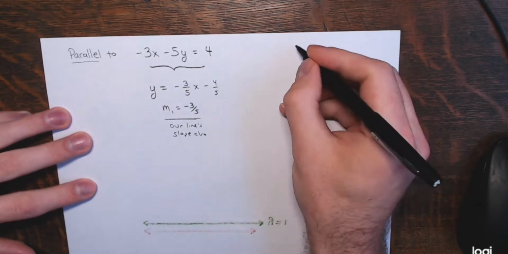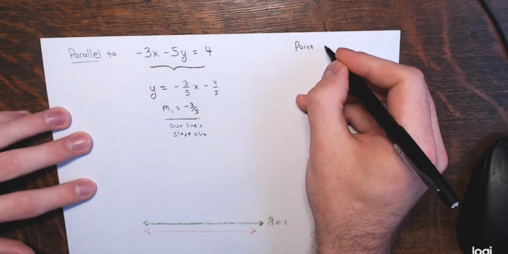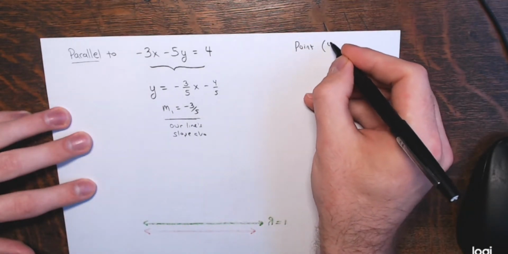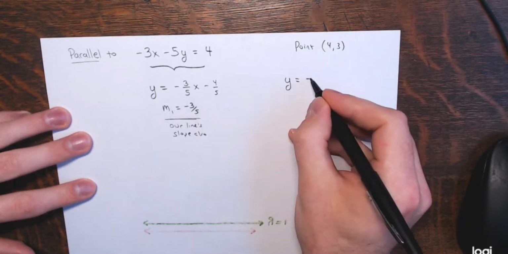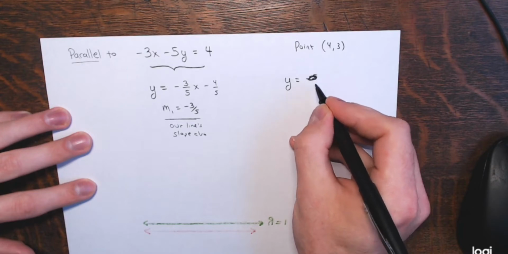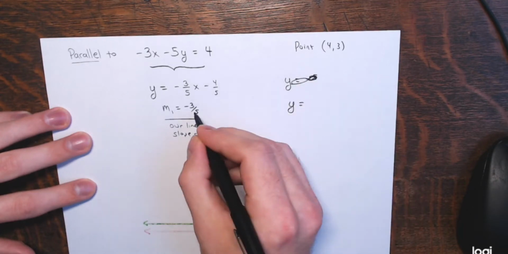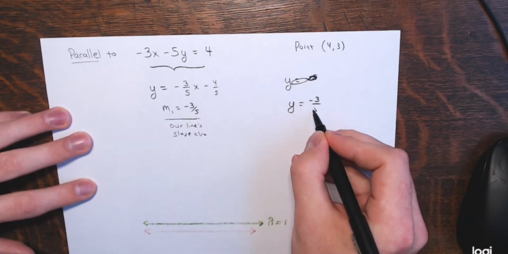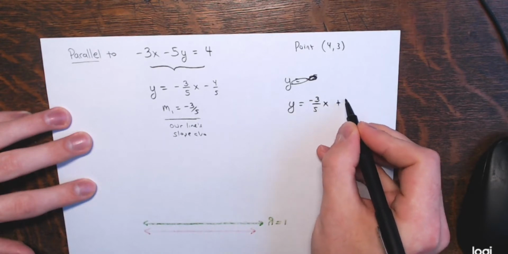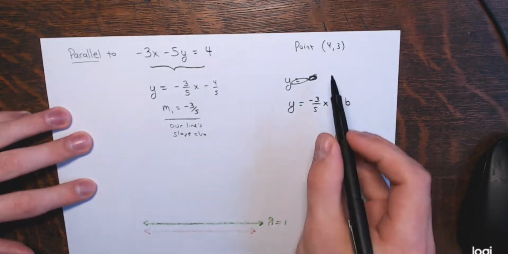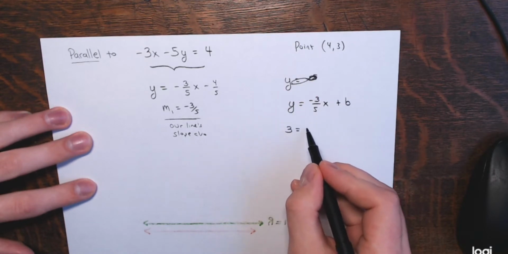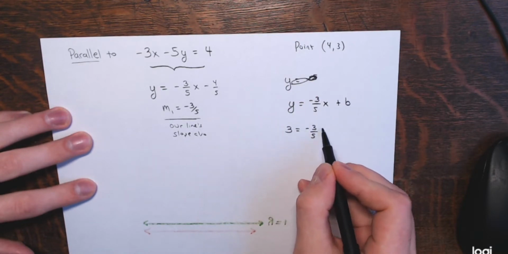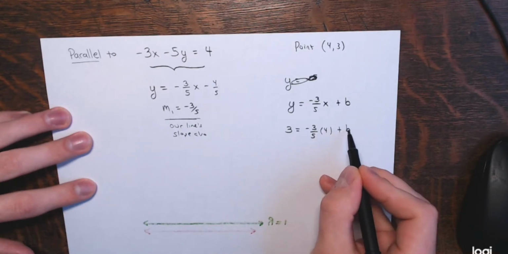And our line contains the point (4, 3). So y equals the slope -3/5 times x plus b. And I plug in 4 for x, 3 for y. You'd have 3 equals -3/5 times 4 plus b, and then we can solve for b.